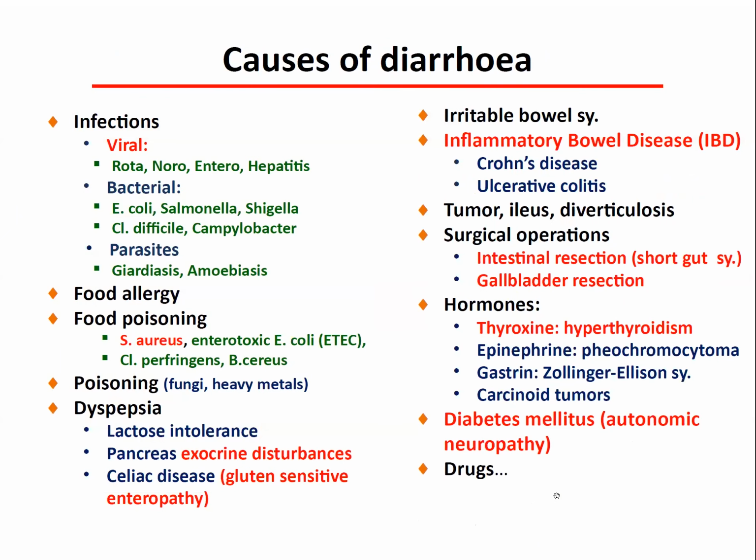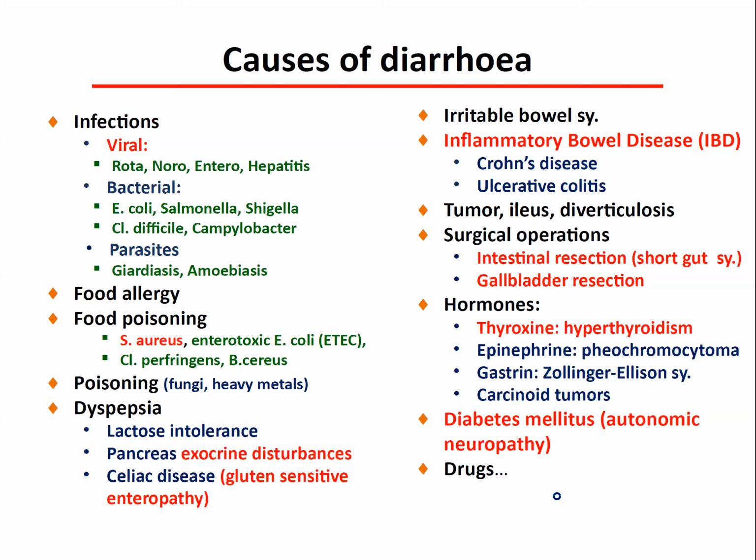Now, let's start with diarrhea, because that can be a very important leading symptom, very common in patients. Mostly this is associated with some kind of infection. Very common is viral infection. Rotavirus or enterovirus and hepatitis can be manifested with diarrhea.